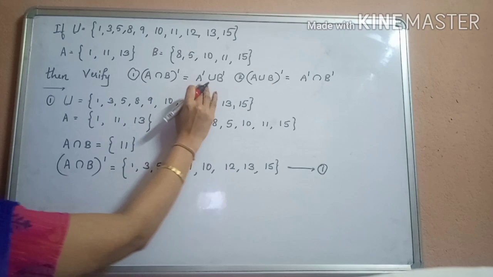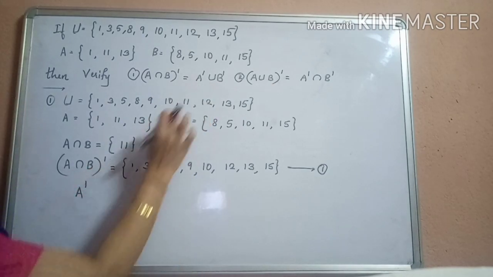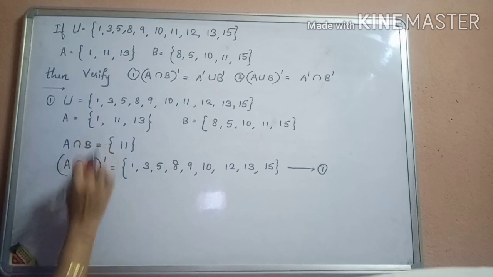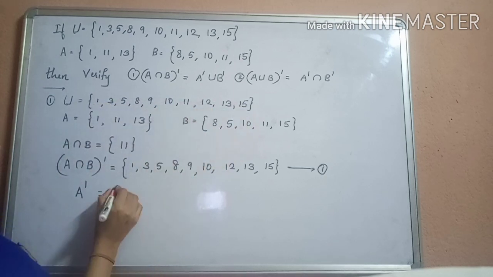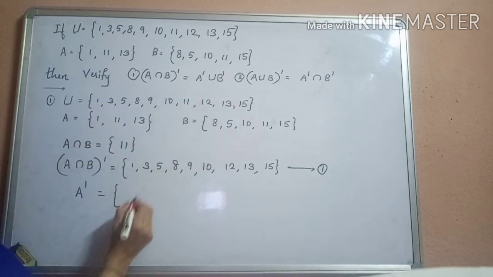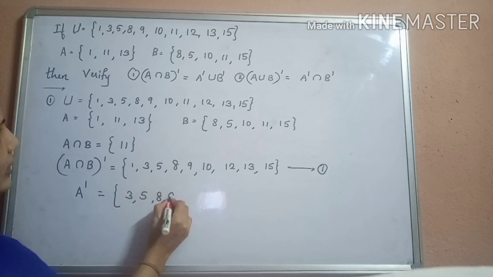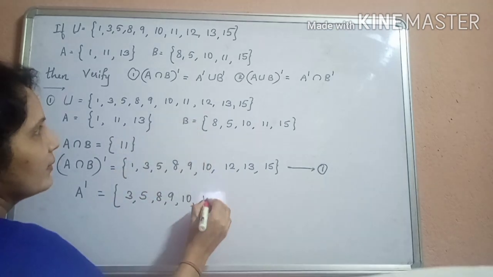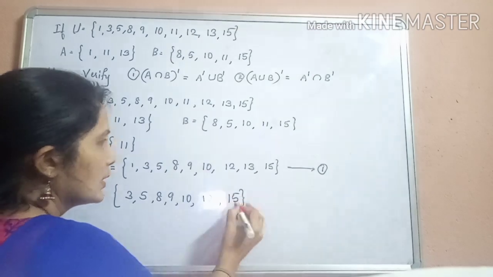Now we try to find out RHS. RHS is what? A complement union B complement. So first we will find out the complement of A. Complement of A means I will compare A with all the others. So 1 is not there, so 3, 5, 8, 9, 10. 11 is not there, so I will not take 11. 12 I will take. 13 I won't take. 15.